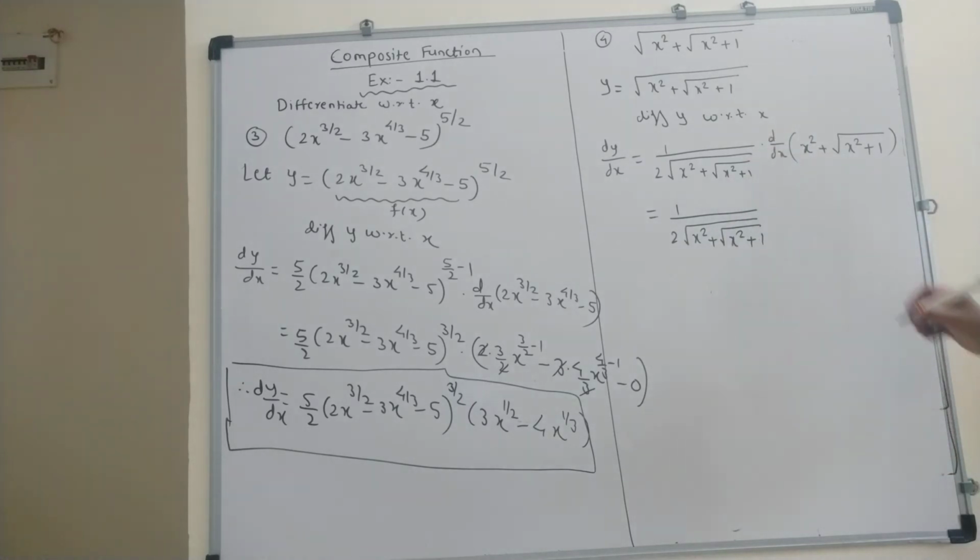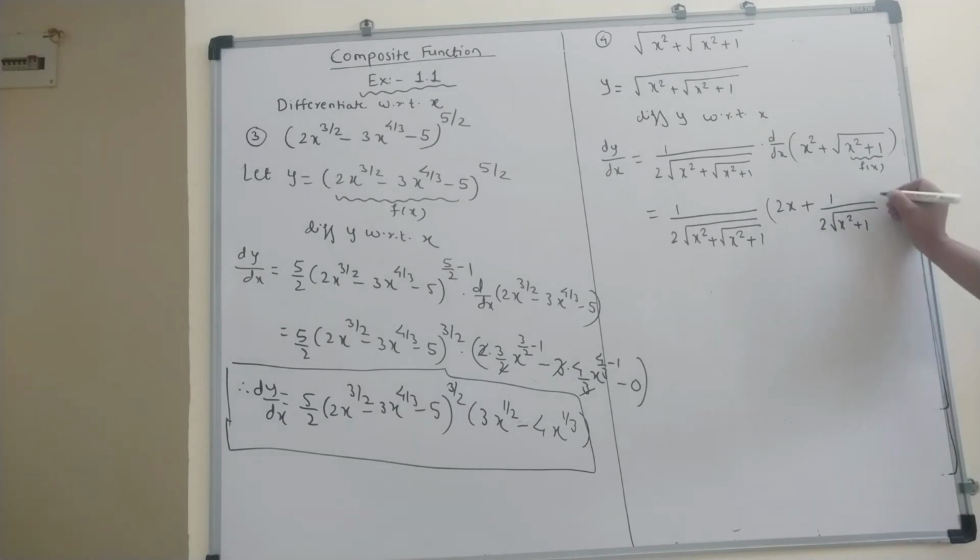Now inside the bracket, for x square the derivative is 2x plus, now again this form is root of f(x). So which formula? 1 upon 2 root f(x) into f dash x. So this is 1 upon 2 root of x square plus 1 multiplied by the derivative of the inner function, that is x square plus 1 here.